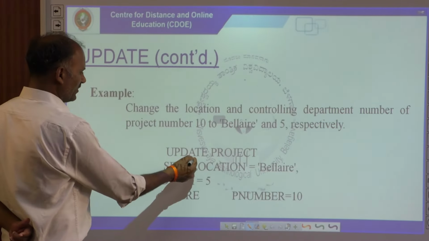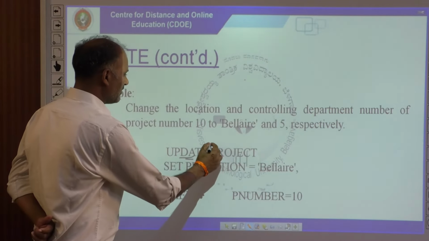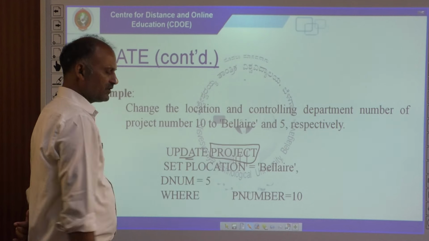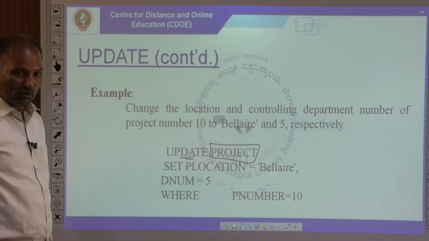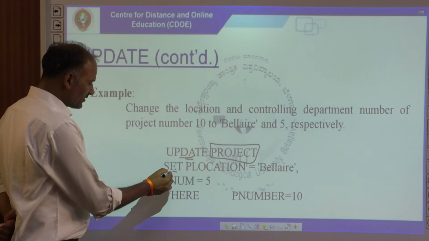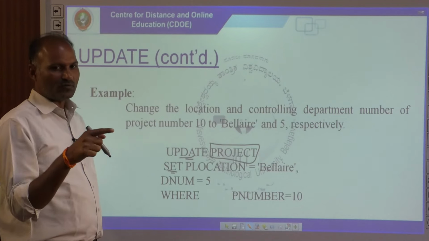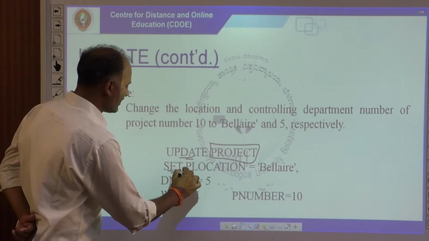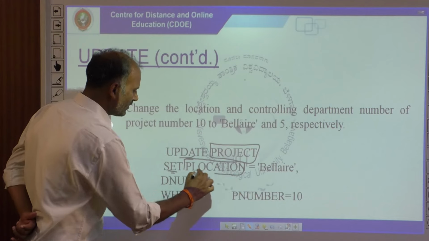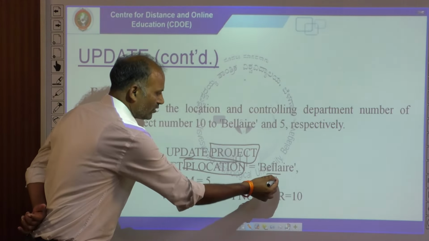So, this is the update clause. Project is the table whose records you want to modify. Then SET specifies the field you are going to modify. This P location is the name of the field, or attribute, whose existing value you are going to change.